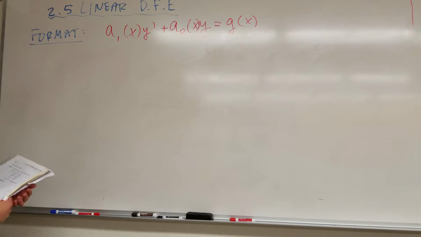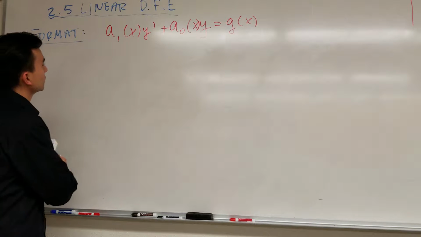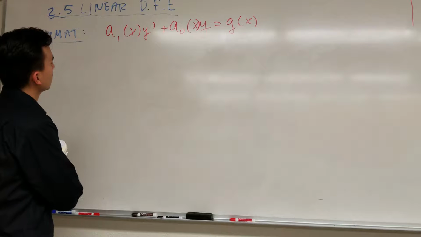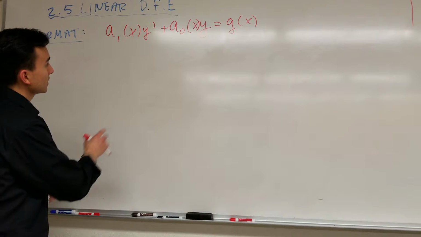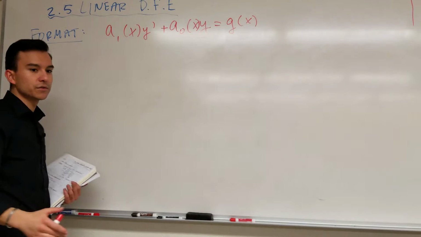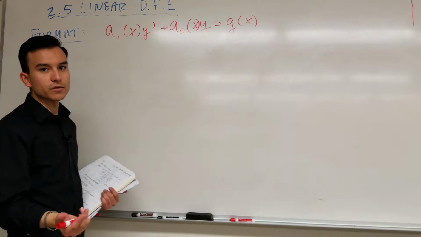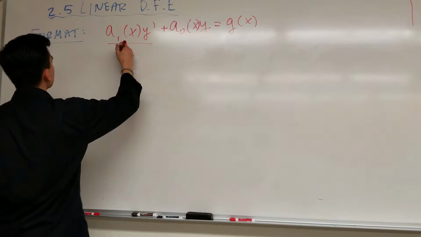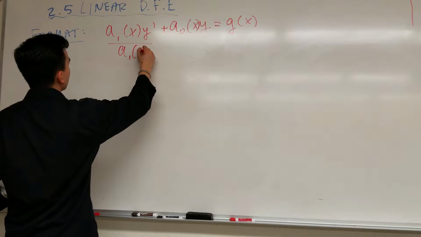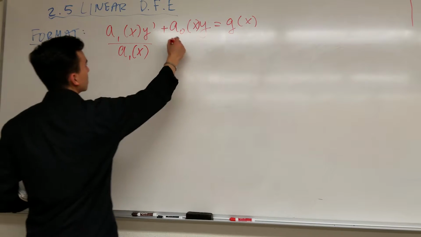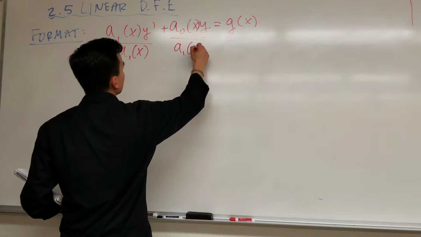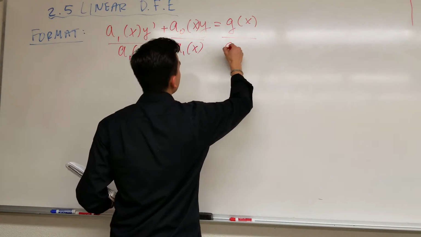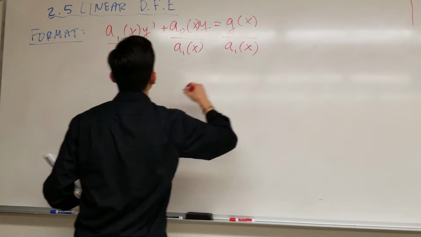Now I want to put it in standard form, how it's usually going to be seen. You might see it like this, and what you want to do is change it to standard form. So what you're going to do here is divide by a1 of x.